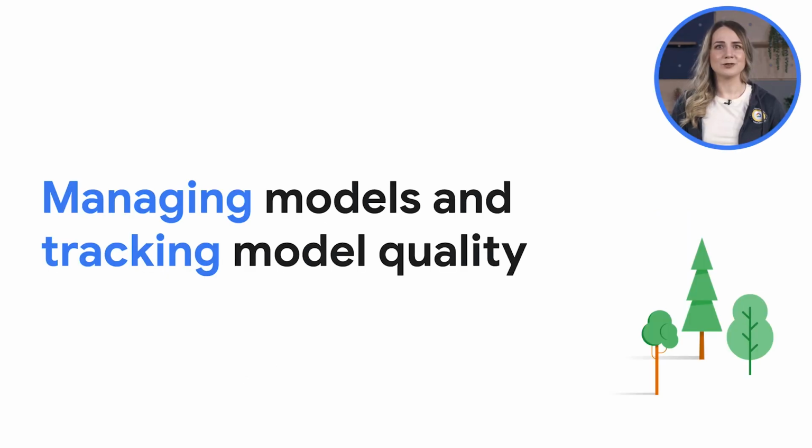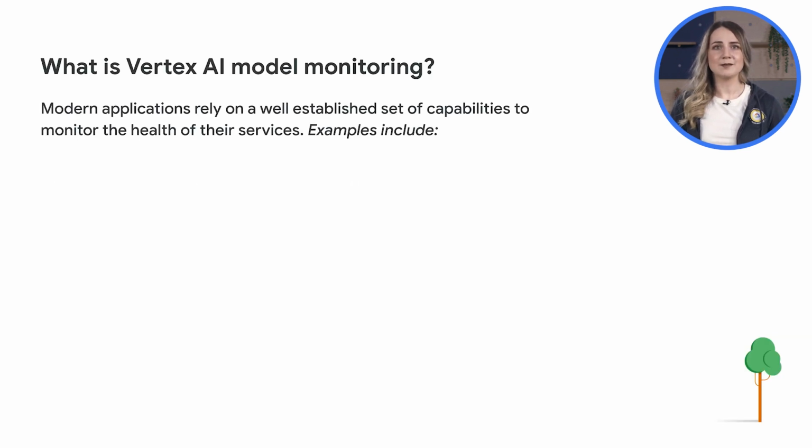Now let's move to managing and tracking the model quality. What is model monitoring and what challenges does it help to solve? Model monitoring helps data scientists and machine learning engineers to answer the question, why does a deployed model perform in a certain way?